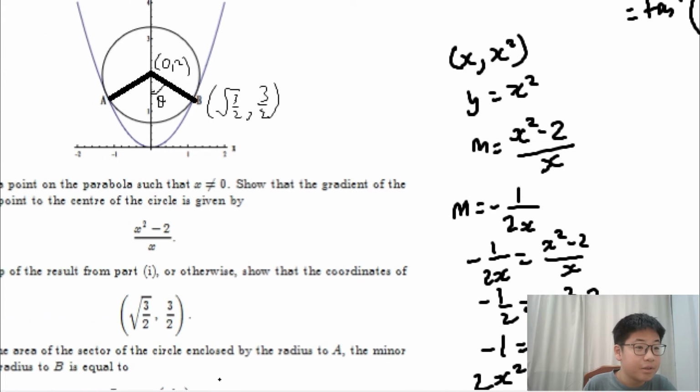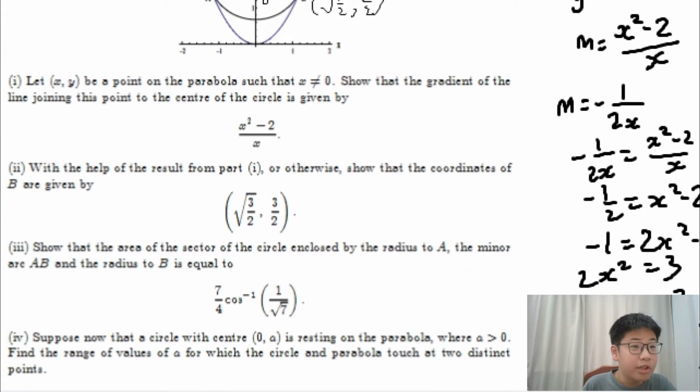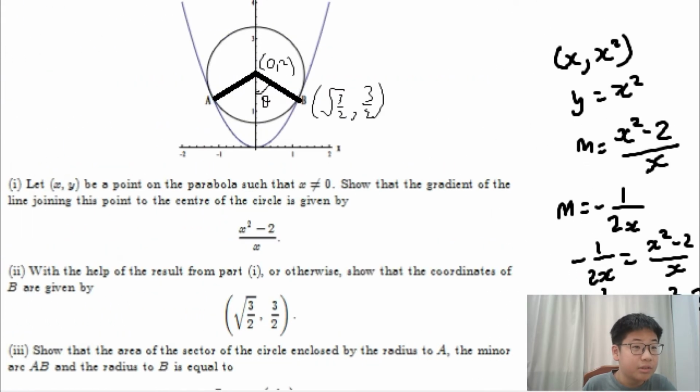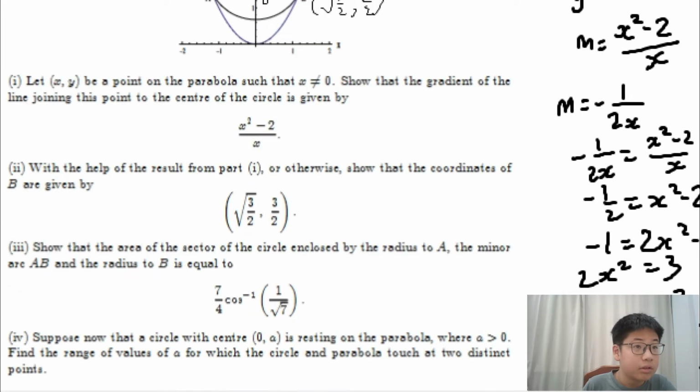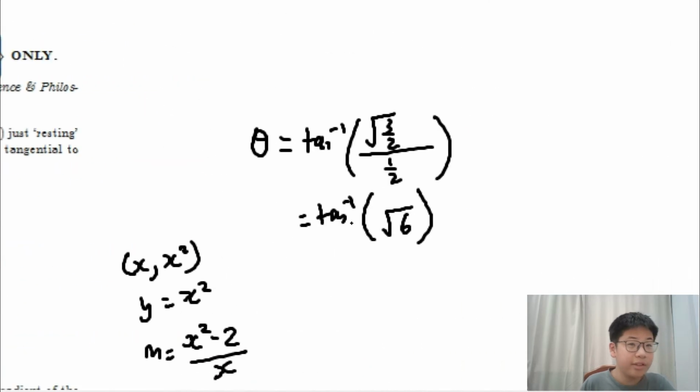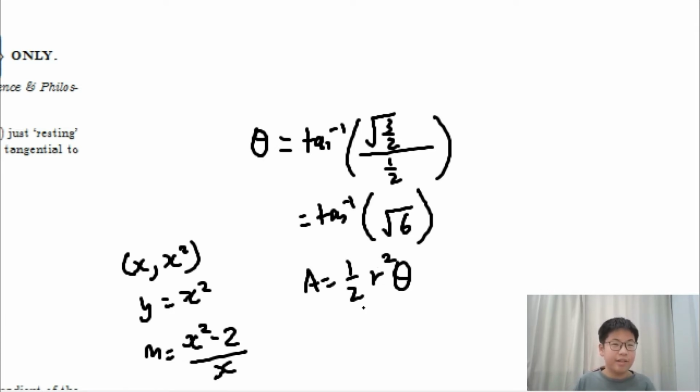Great. So let me see. So show that the area of this sector. So the area of the sector is half r squared theta.